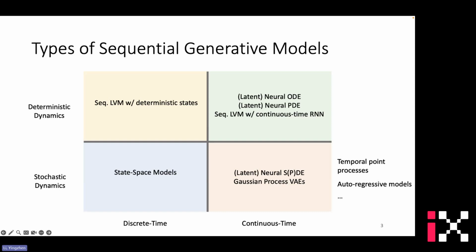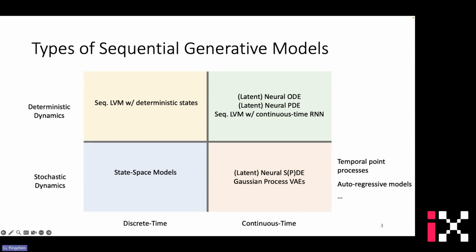The difference between discrete time and continuous time is basically what you assume about the underlying model. If you're going to do a continuous time model, then you're going to work with ODEs and PDEs, or a stochastic differential equation if you assume stochastic dynamics.